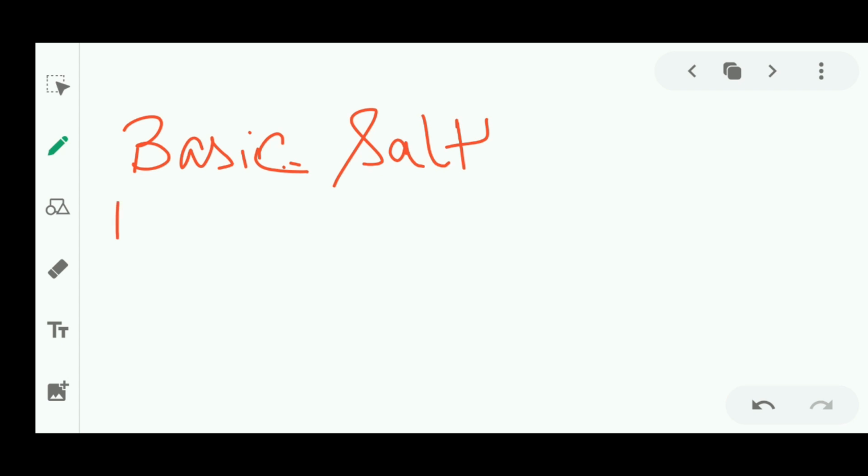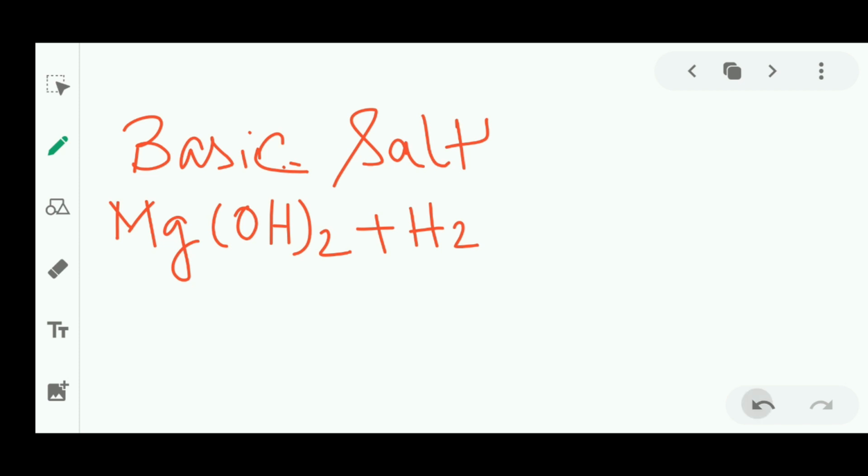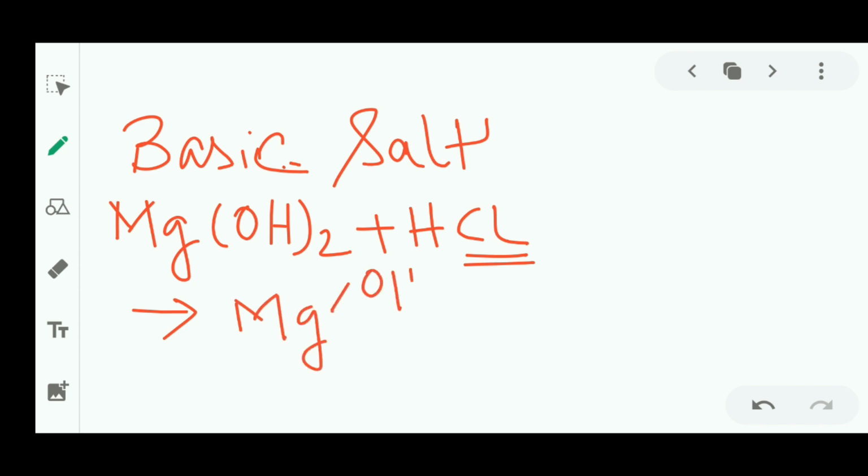In Mg(OH)2, how many hydroxyl groups are there? Two. Now when it reacts with acid HCl, one OH is replaced by chlorine, giving Mg(OH)Cl and H2O.